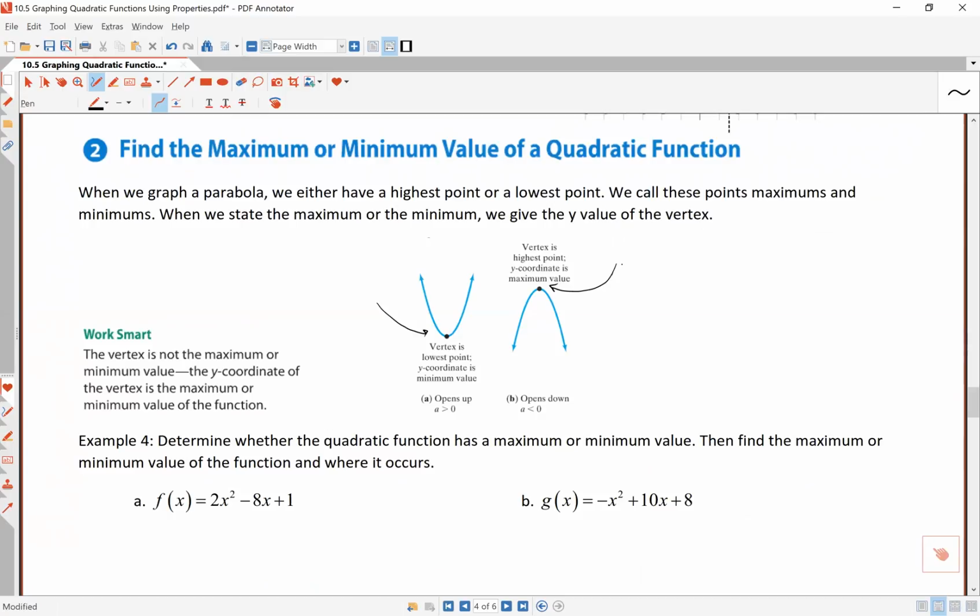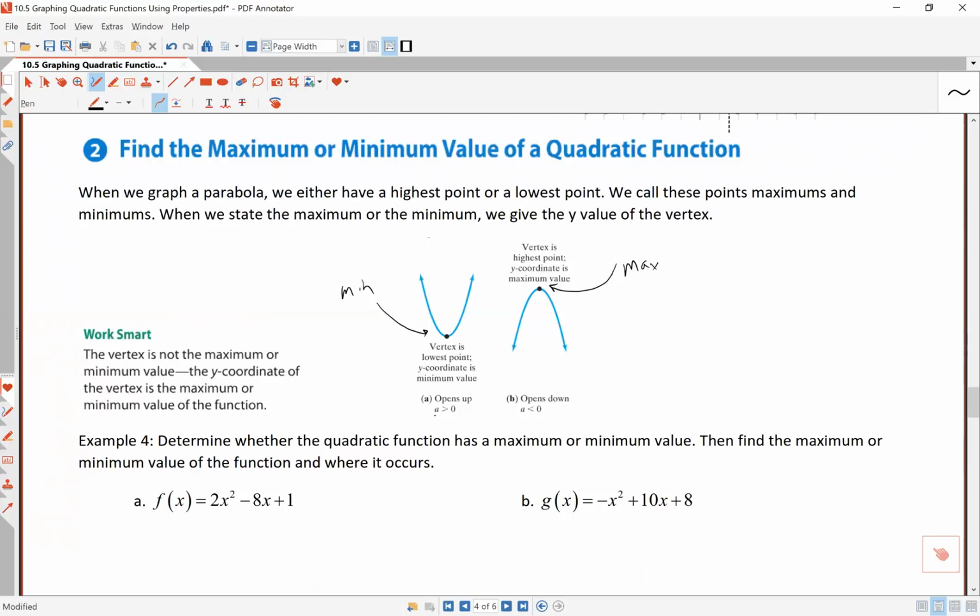We call these points maximums and minimums. When we state that maximum or minimum value, we give the y value of the vertex. It occurs at the x value, but the y value is the lowest or highest the graph ever gets.